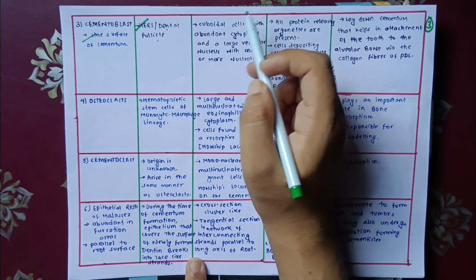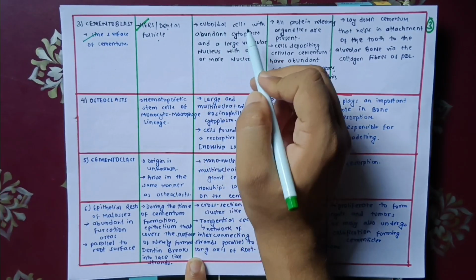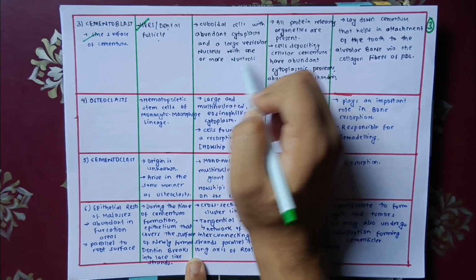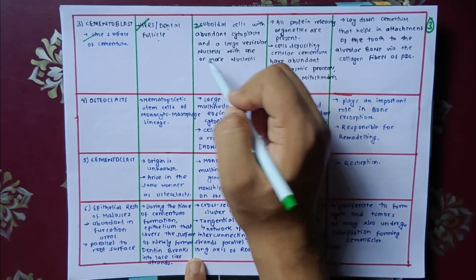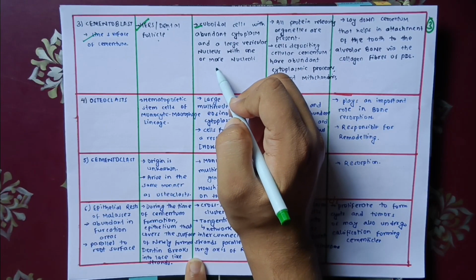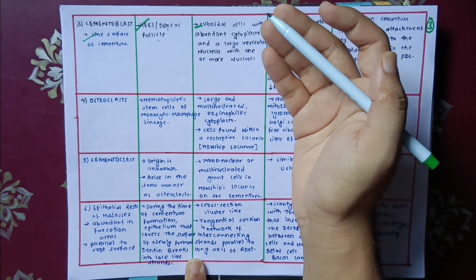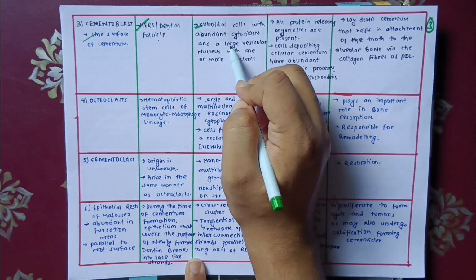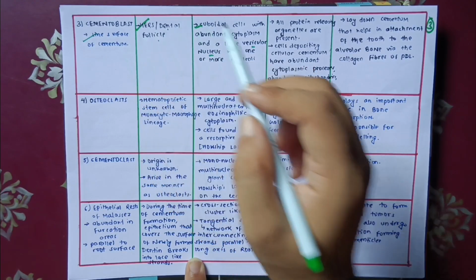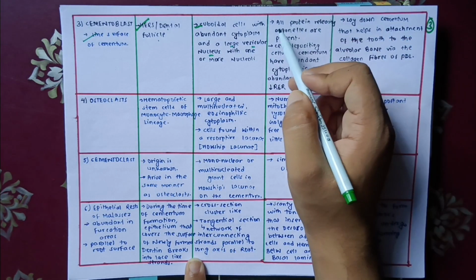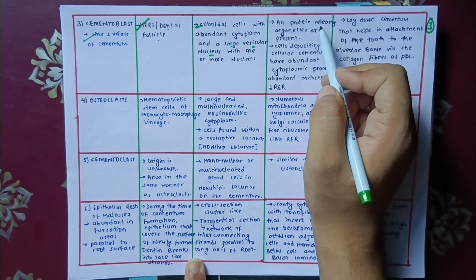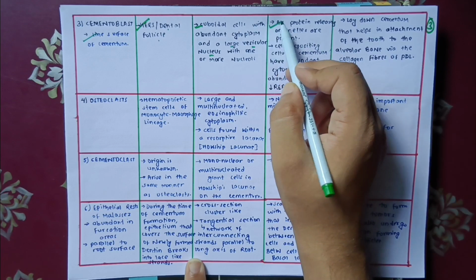Now in the light microscope we can see cuboidal cells with abundant cytoplasm and a large vesicular nucleus with one or more nucleoli. This is a bit similar to the osteoblast. After that, in electron microscopy we can see all the protein-synthesizing organelles are present.